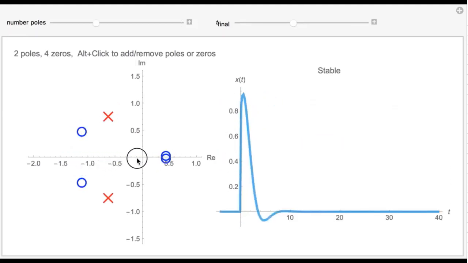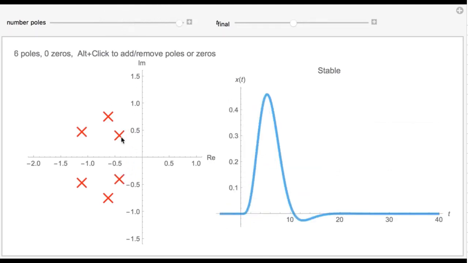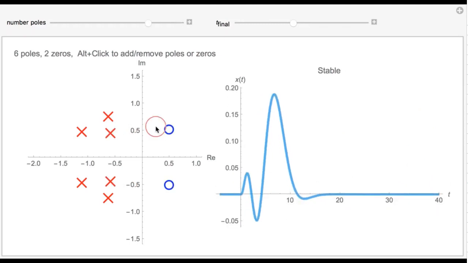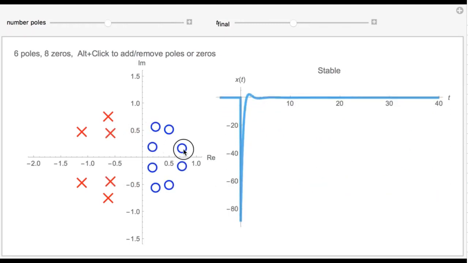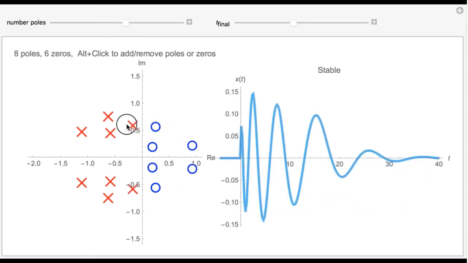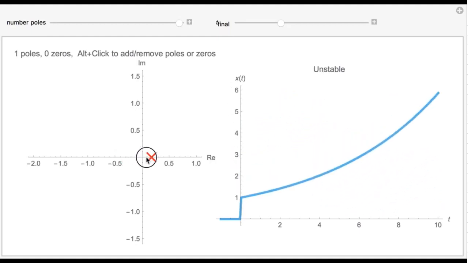So when that happens, we call this system an unstable system. So basically, we don't only use zeros and poles in order to find residues or anything like that. We can also see them in other fields. They have other applications as well.